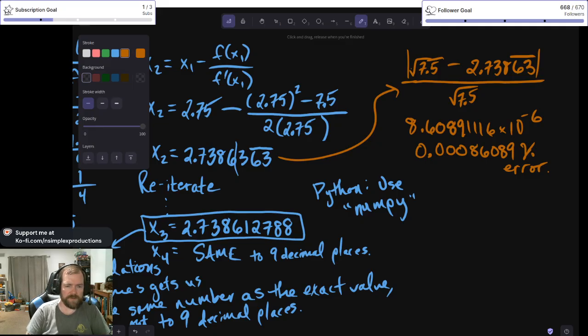But as long as you don't have any actual singularities, so if you have any asymptotes or discontinuities, that's a problem. If your derivative function has a lot of zeros, that could potentially cause a problem because it's in the denominator.